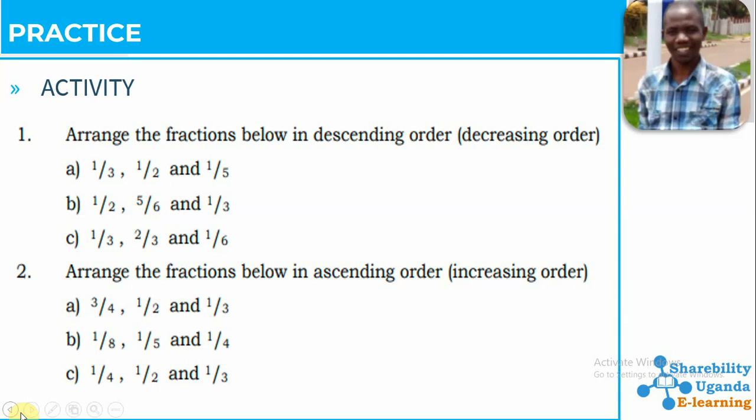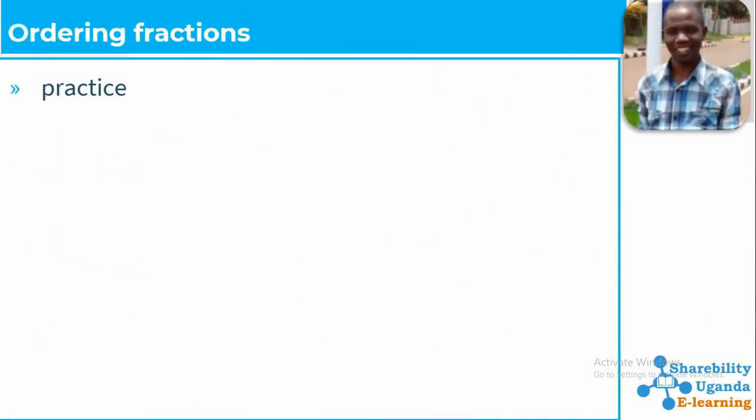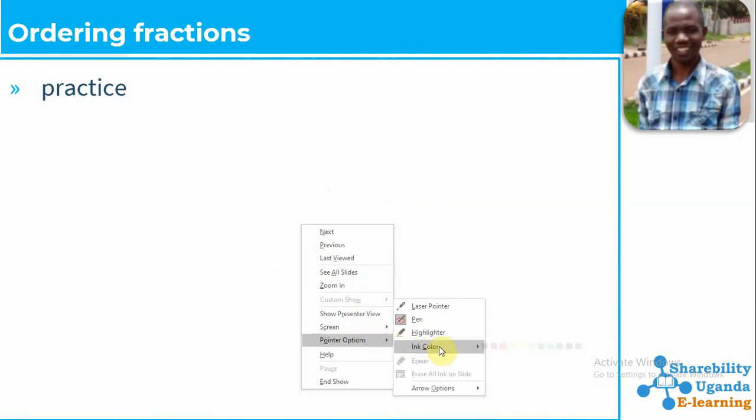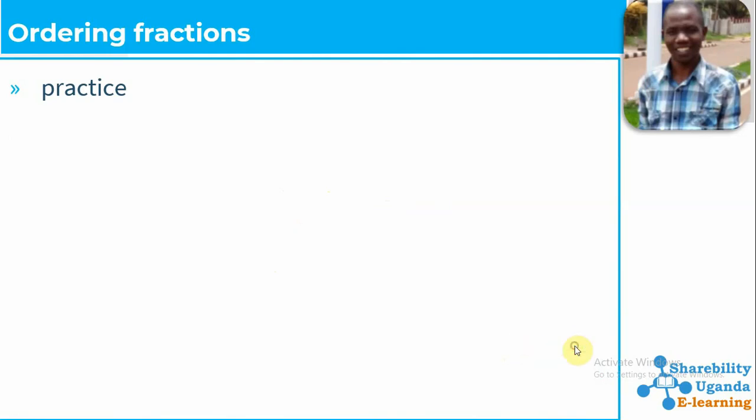Then in our part C, we are having 1 out of 4, 1 out of 2, and 1 out of 3. So they also want us to arrange these numbers in what? In ascending order. So let's get started in arranging these numbers of ours. These are the numbers that have been given to us.